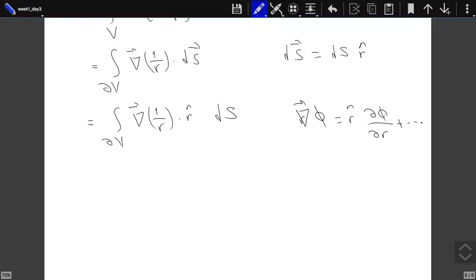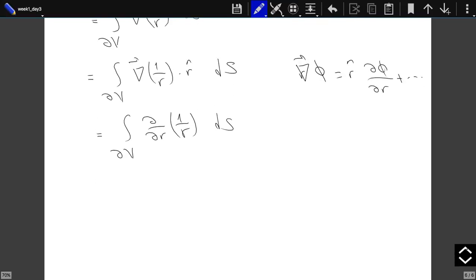At least in this problem I don't need them because they are all perpendicular to r hat. So this is equal to, on the boundary of the volume, the derivative with respect to r of 1 over r times dS, the surface element.